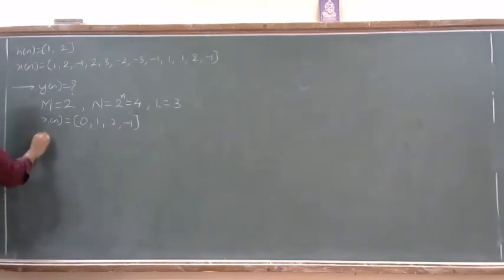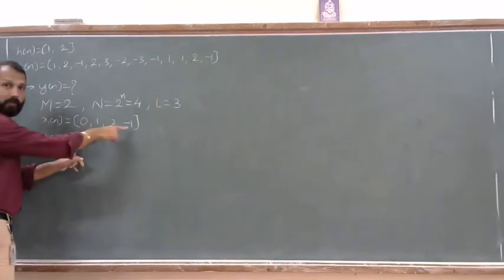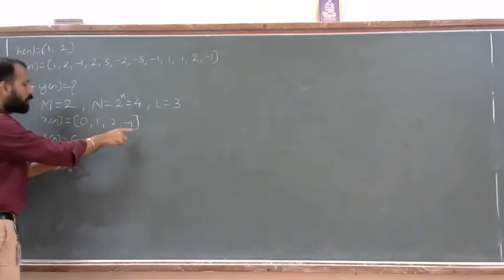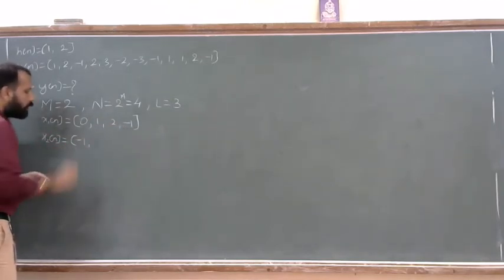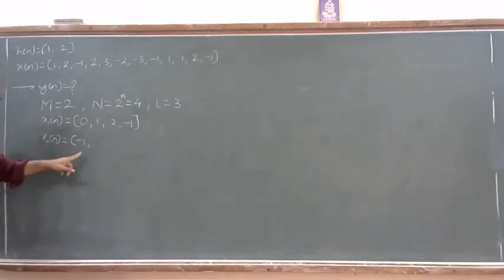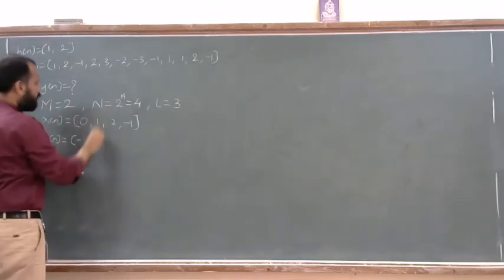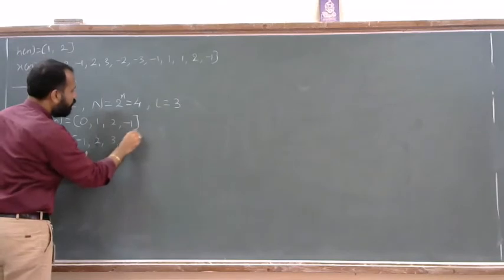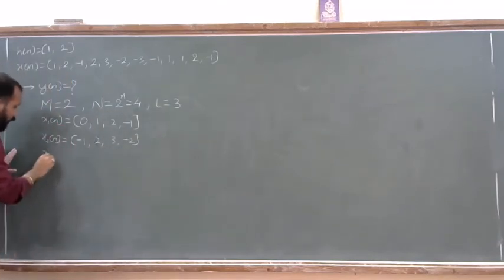Like this, x2 of n: the first m minus 1 samples will be taken from the last m minus 1 samples of x1 of n, which is only one sample, minus 1. And the next 3 samples will be taken from the input: 2, 3, minus 2. Then x3 of n.